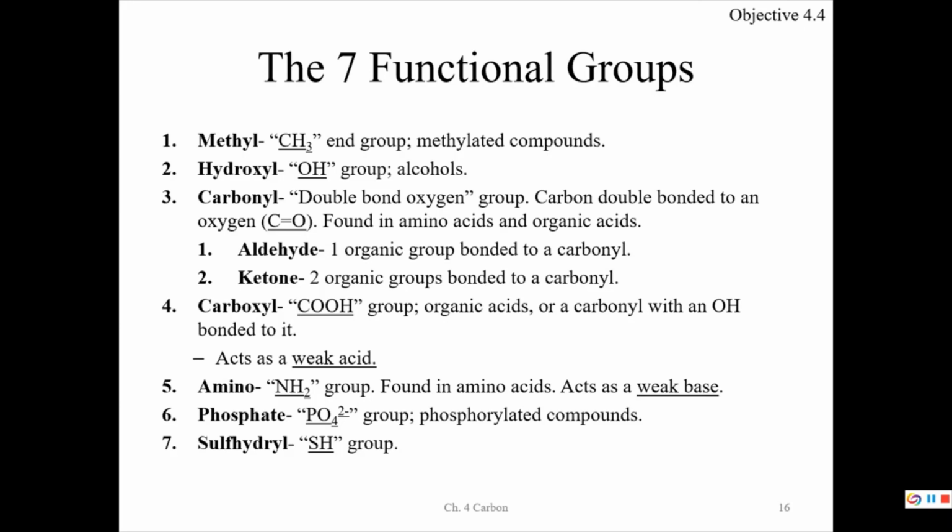They are weak bases. Phosphate, PO4 2-, is on any phosphorylated compounds, any compounds forming phosphate. And sulfhydryls, SH groups, sulfur-containing groups. They are commonly found in things that stink, things that really smell. For us, we're very sensitive to sulfhydryls.